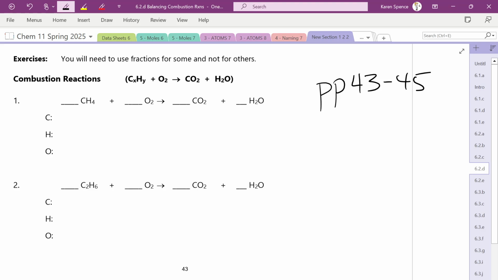Yes. And now you can say how many oxygens are on this side. Eight and a half there. One, yes. Okay, so you always have to balance that.